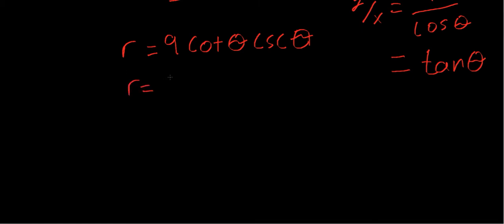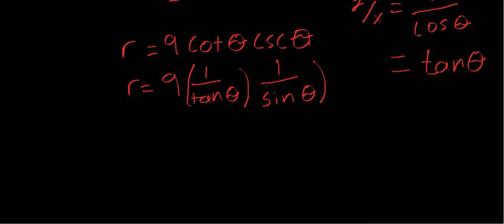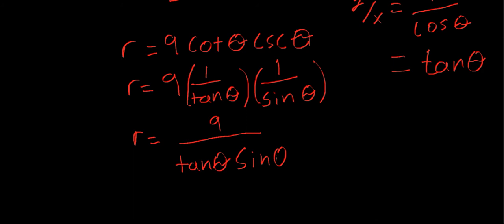So r equals 9 times cotangent theta, but that's also 1 over tan theta, times cosecant theta, but that is also 1 over sine theta. Then when we combine the terms, we have r equals 9 over tan theta times sine theta.